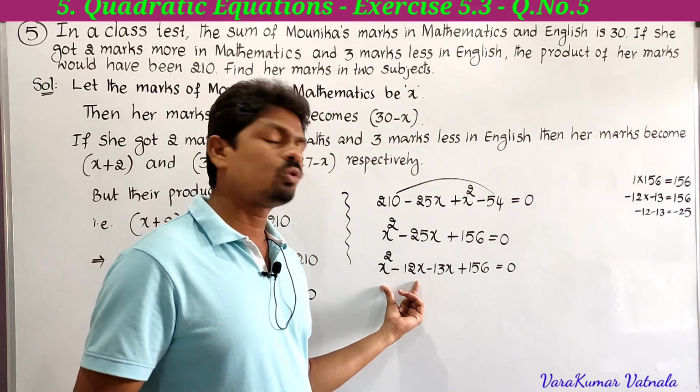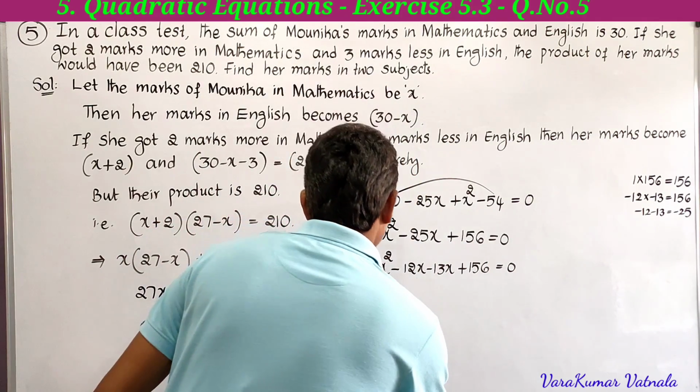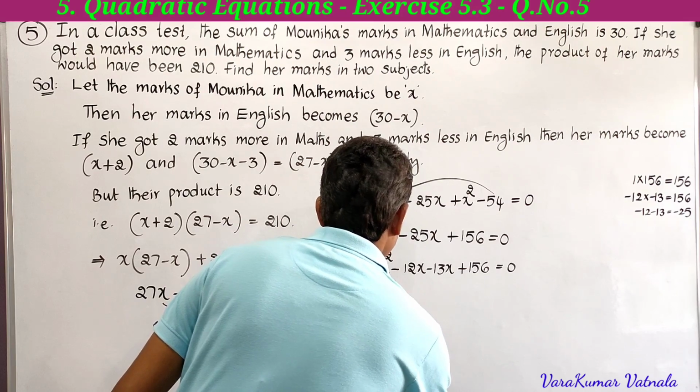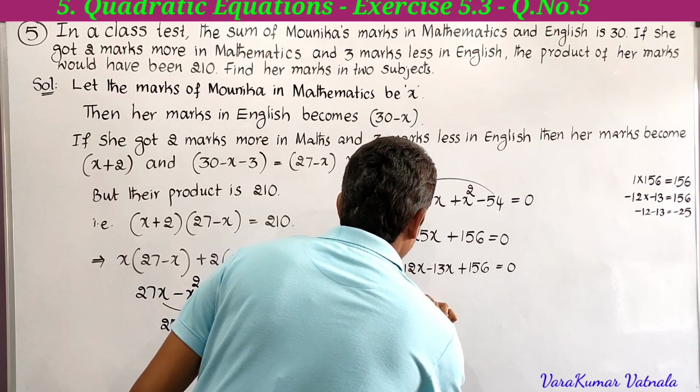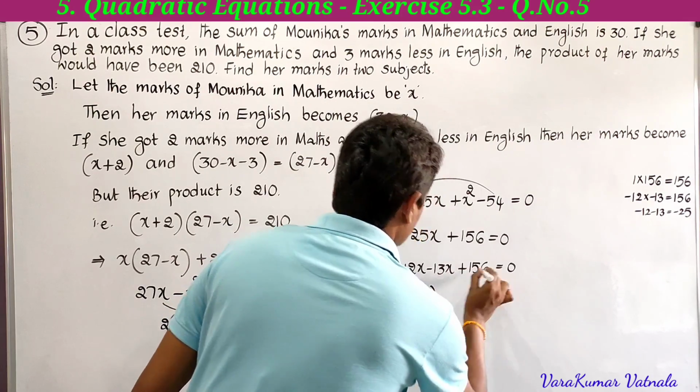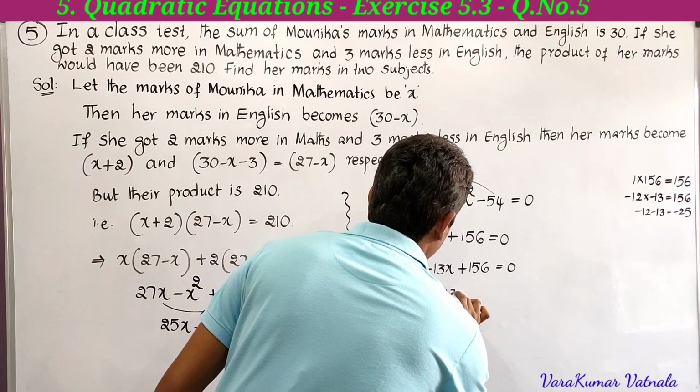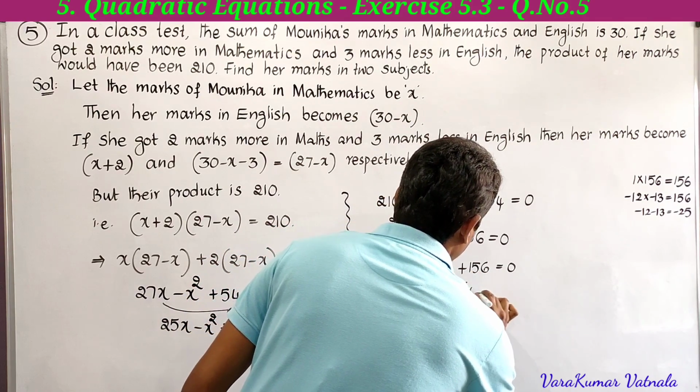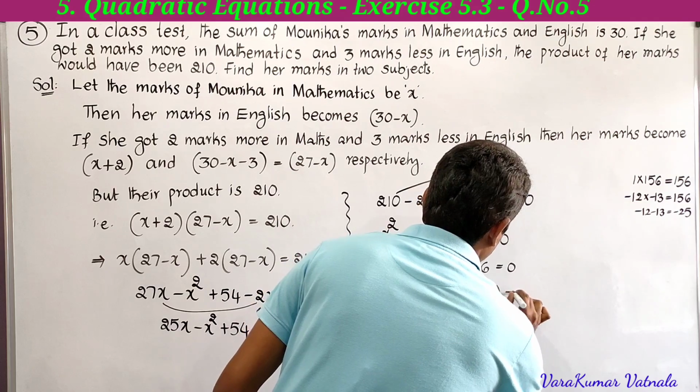In the first two terms x is common, so I am taking x common. So x into (x minus 12). In the last two terms, minus 13 is common, again we get (x minus 12) is equal to 0.